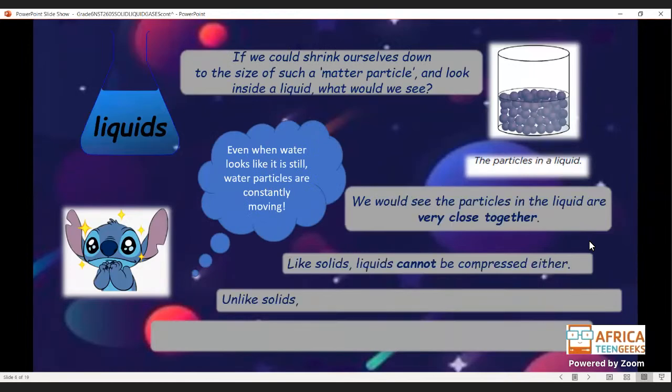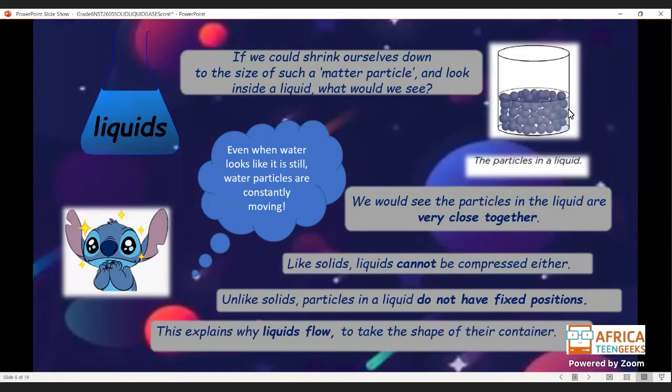So this is the liquid slide. As you can see, for your homework, I have put a worksheet up, draw the container to show the liquids. You see that they're not as tightly together as the solids, but there is not that much space between them either. They don't have a fixed position.